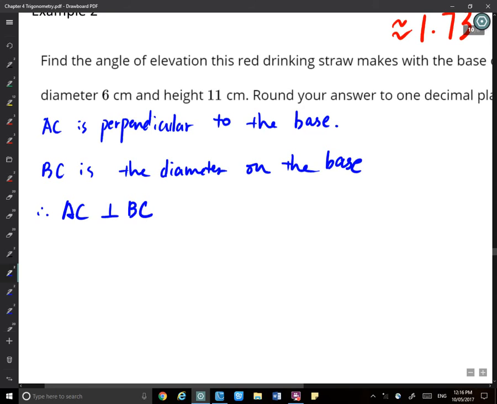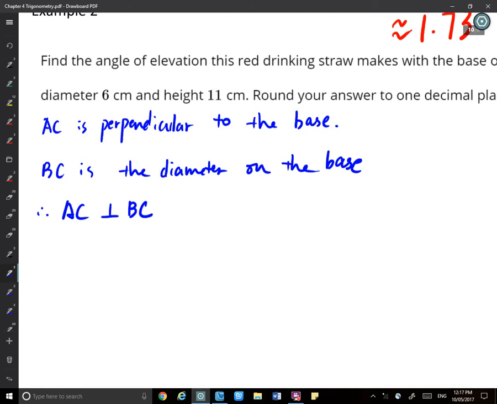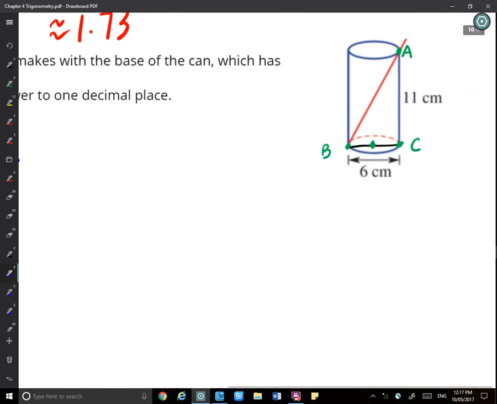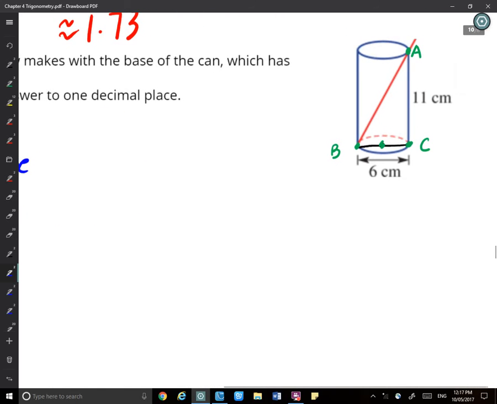AC is perpendicular to the whole plane, then any line on that plane will be perpendicular to AC.